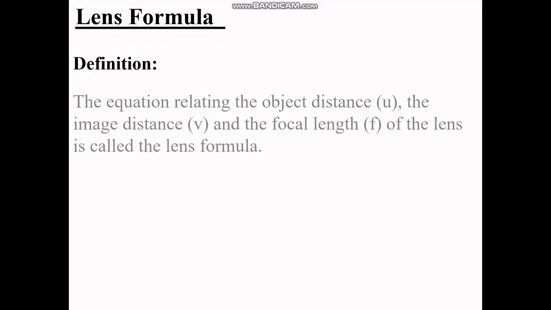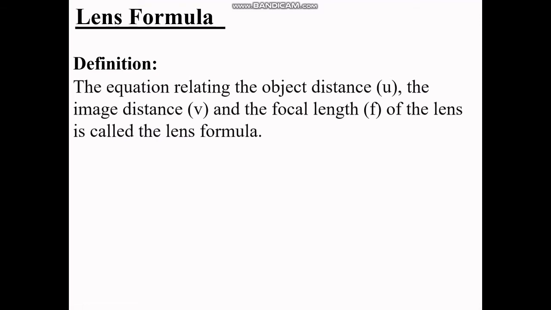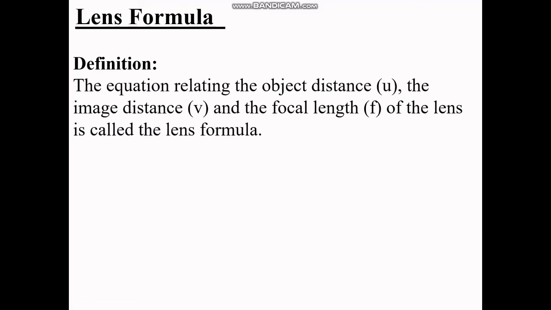Now let's study lens formula. What is the lens formula? The equation relating the object distance u, the image distance v, and the focal length f of the lens is called the lens formula.